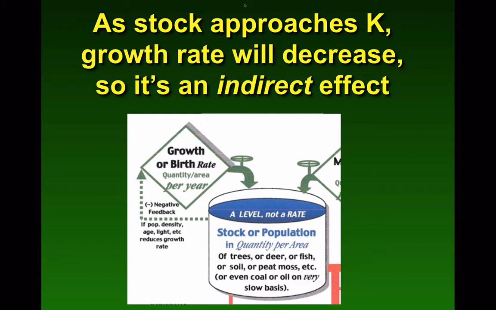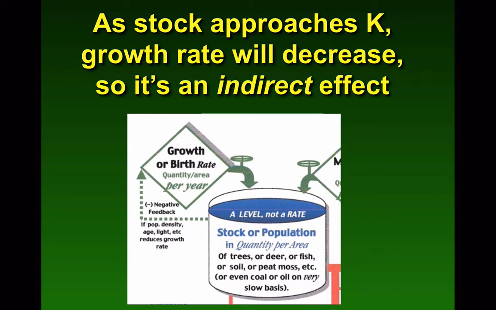Okay, as the stock approaches carrying capacity, remember that K is carrying capacity, the growth rate's going to decrease. We'll talk about this more in a moment. If this starts filling up and there's no room for any more fish, it's definitely going to decrease the growth rate. The population density is getting very great, and there's not as much light in there for vegetation to grow.